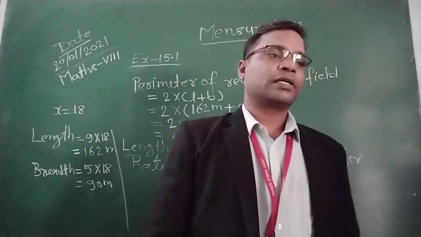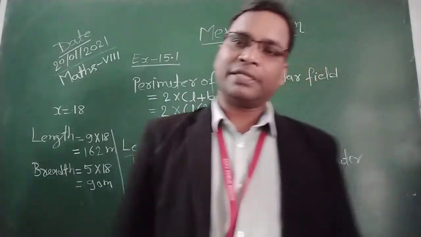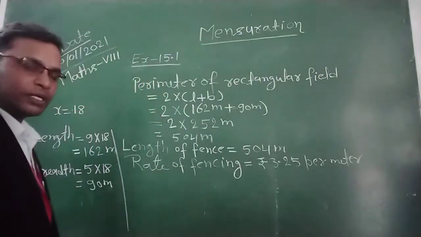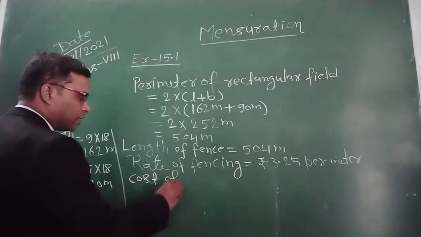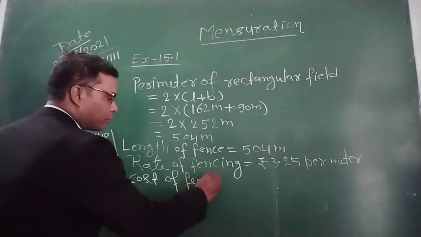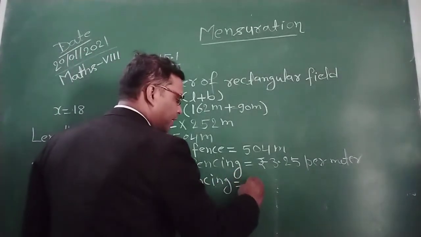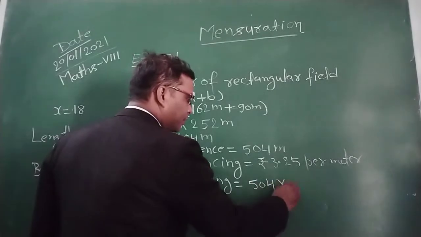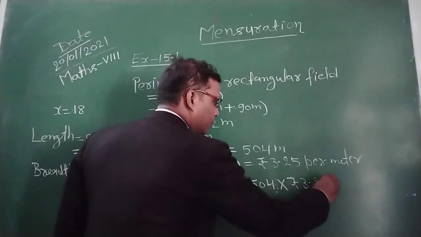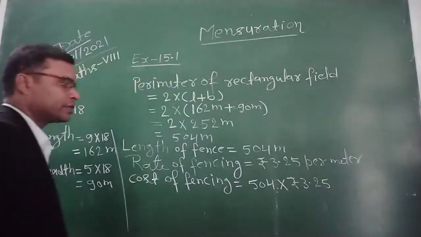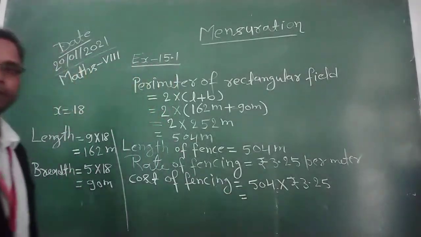Now we need to find the cost of fencing. So cost of fencing is equal to 504 into rupees 3.25. If you multiply them, then you get the cost of fencing.